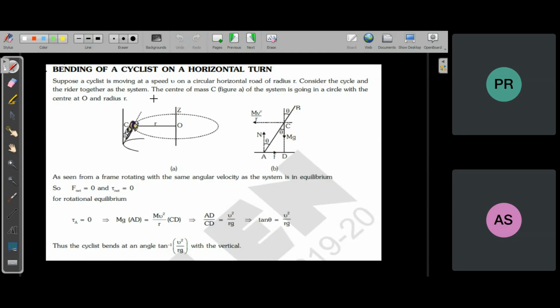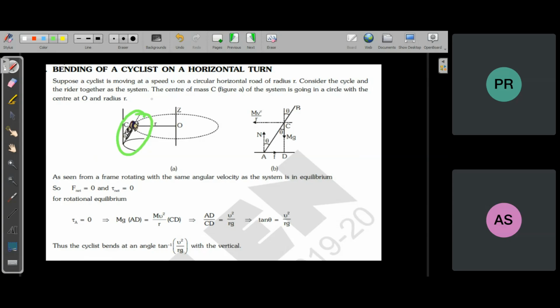Okay, now next. Next is bending of a cyclist on a horizontal turn. You can understand that when you were cycling in your early days, you might have realized that when you start cycling, sometimes you fall. Then you know that you will have to drive your cycle at a particular speed.